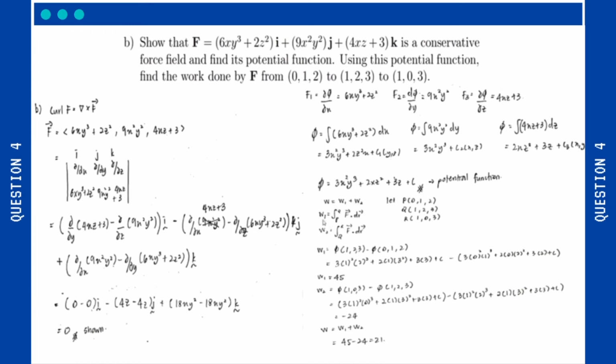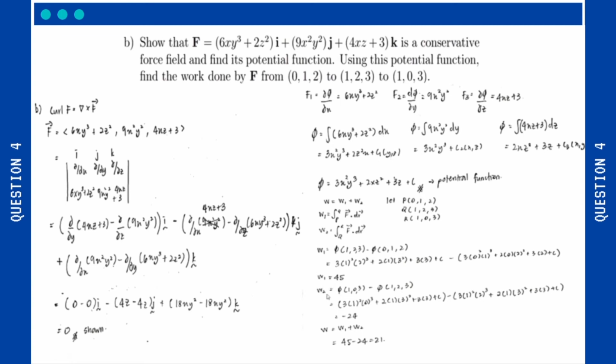So W1 is actually the integration of F dot dr with limits from P to Q. For W2, it is equal to the integration from Q to R of F dot dr. So here W1 is equal to phi at point Q (1, 2, 3) minus phi at point P, which is (0, 1, 2). So we plug in the values, and for W1 we will get 45.